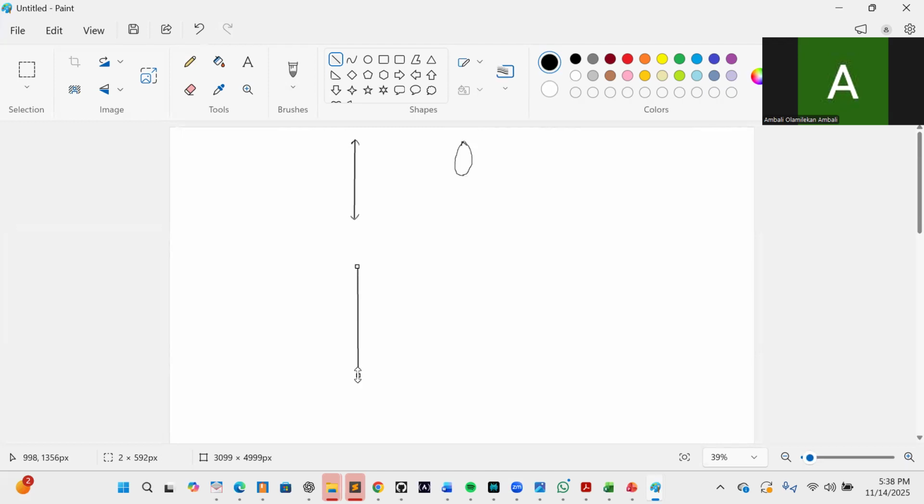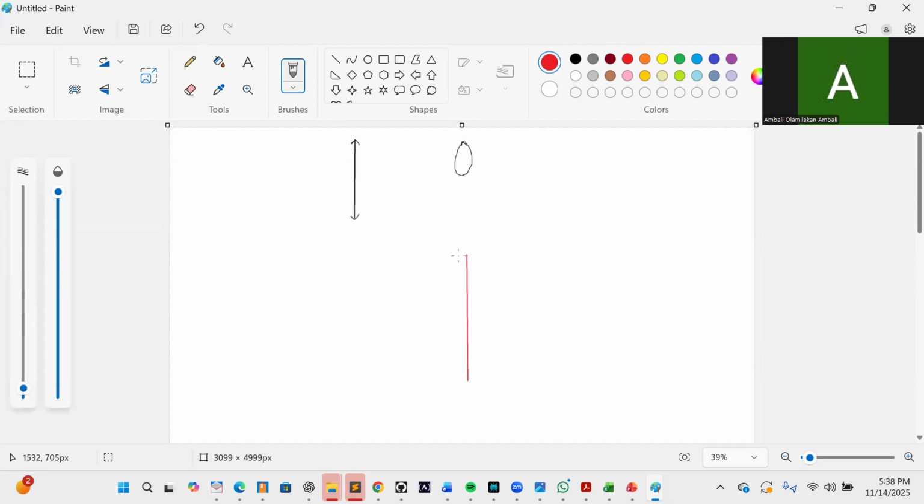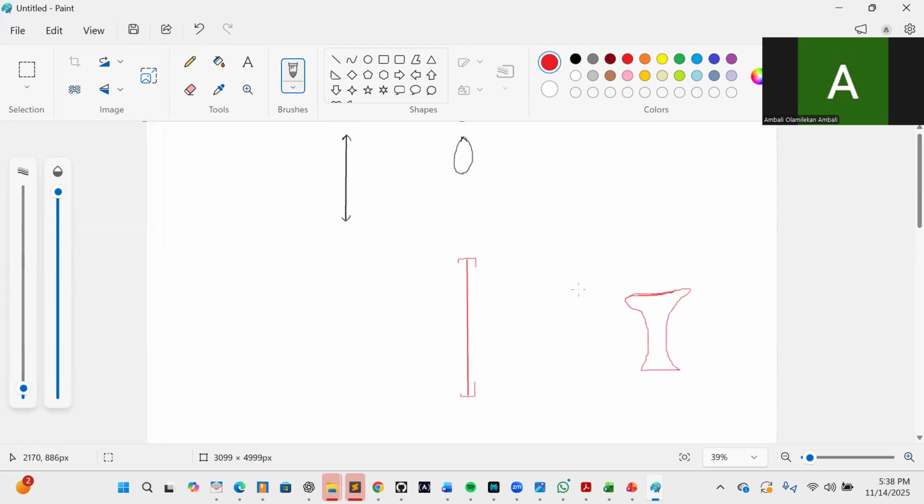Anyway, you see this in optics. Because of the way the concave lens is shaped, they just bring the top and put it to the center. So that's the concave lens and that's the convex lens.